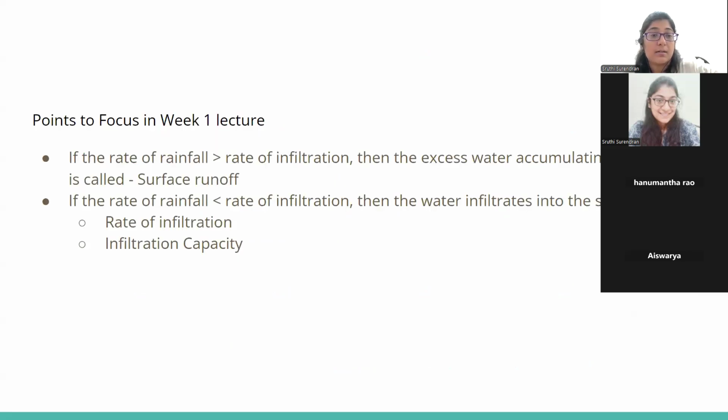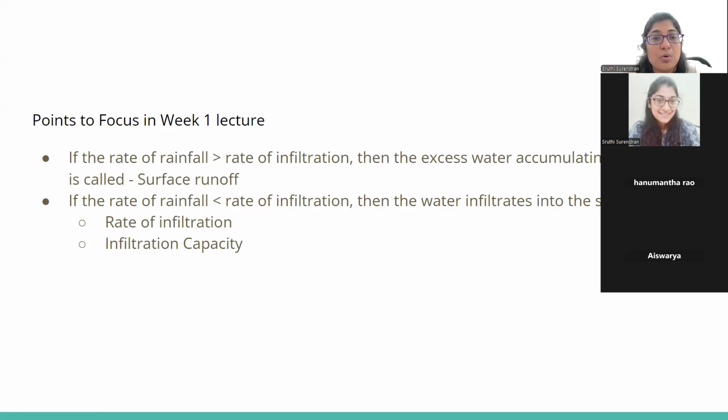Another important point is what will happen when the rate of rainfall is greater than the rate of infiltration, and the other way around, when the rate of rainfall is less than the rate of infiltration. When the rate of rainfall is greater than the rate of infiltration, the rate of infiltration is the limit on water going into the surface. Say if the rate of rainfall is 10 mm per day and the rate of infiltration is only 5 mm per day, only 5 mm is going to go into the soil.